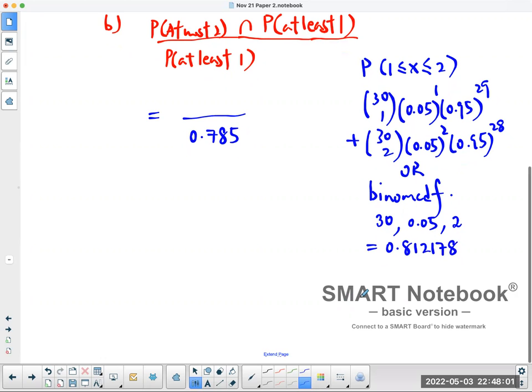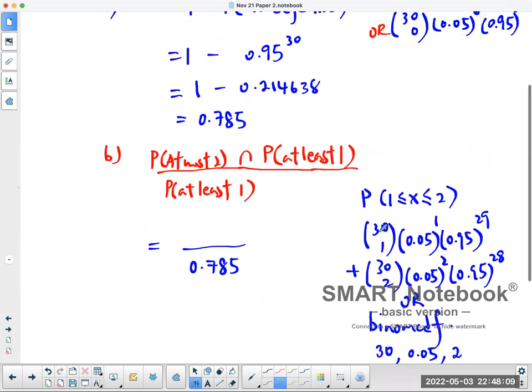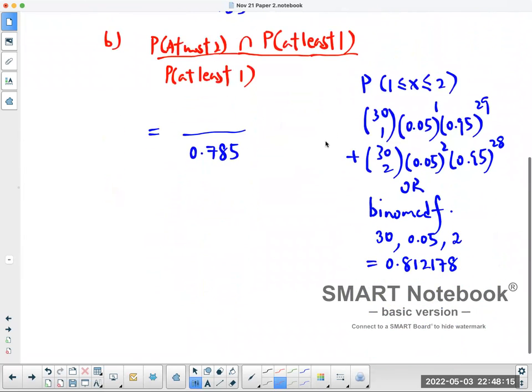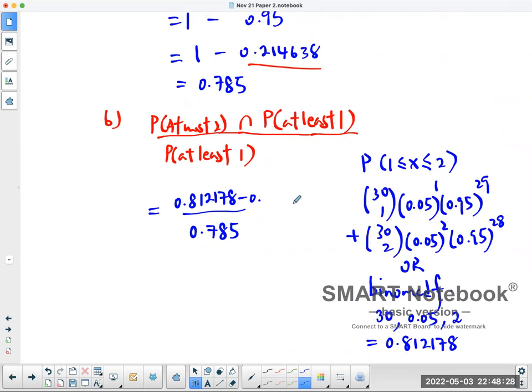So I need to subtract the probability of no defective. And you remember we did that earlier. Probability of no defective is 0.214638. So the numerator can be the difference between the two, 0.812178 subtract 0.214638.